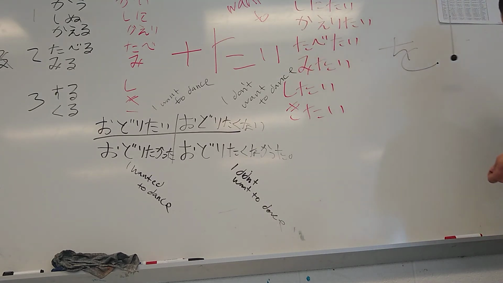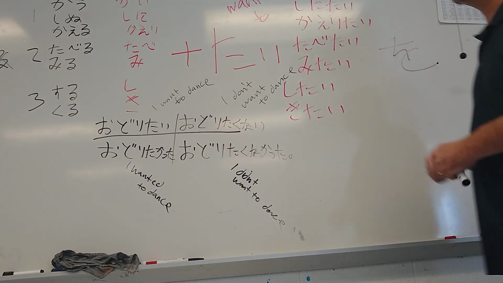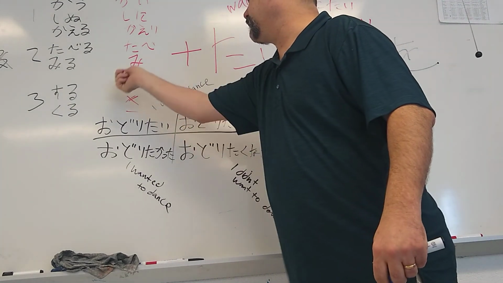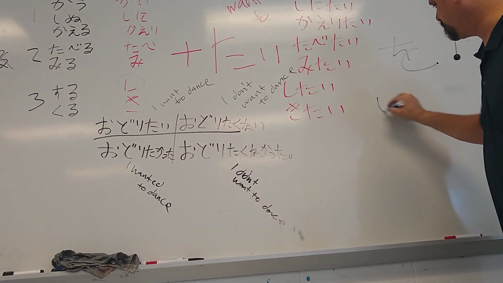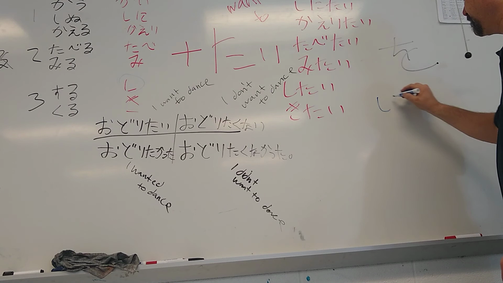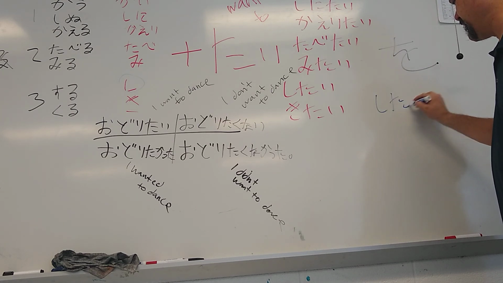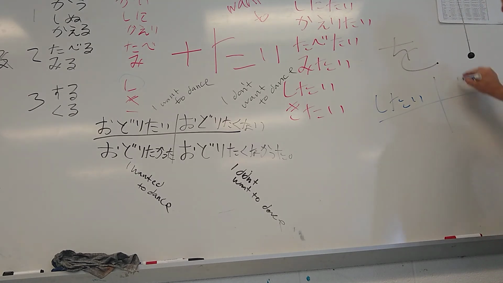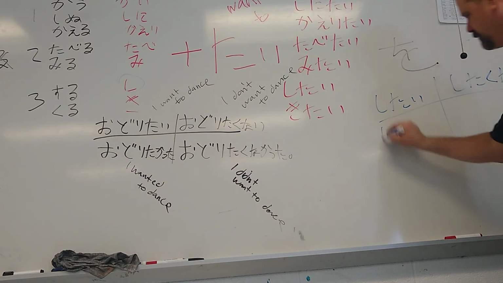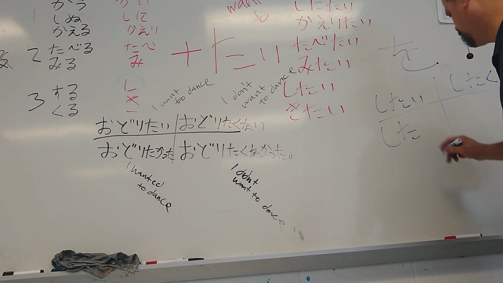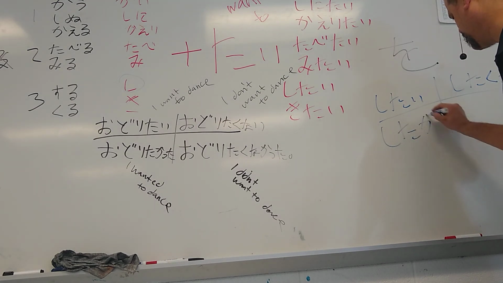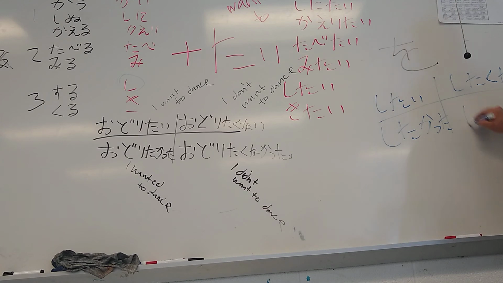I wanted to give you one verb here. So let me go ahead and do this really quickly. So suru turns to shi, same thing, right? Suru, shitai, shitakunai, shitakatta, shitaku nakatta.